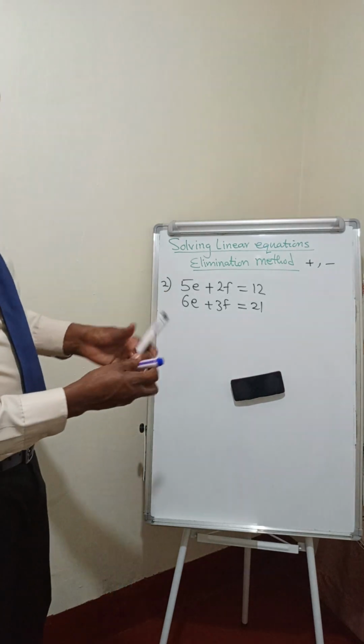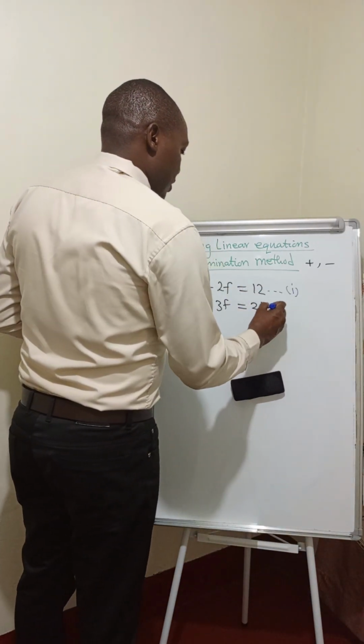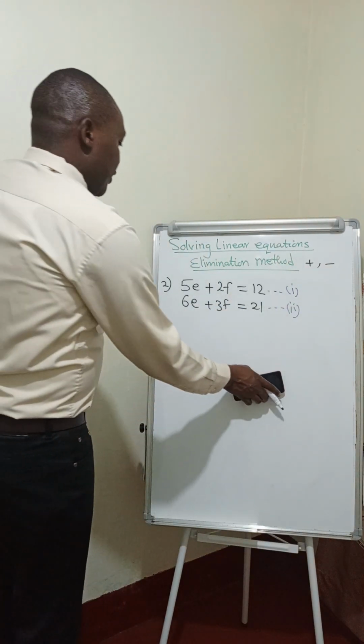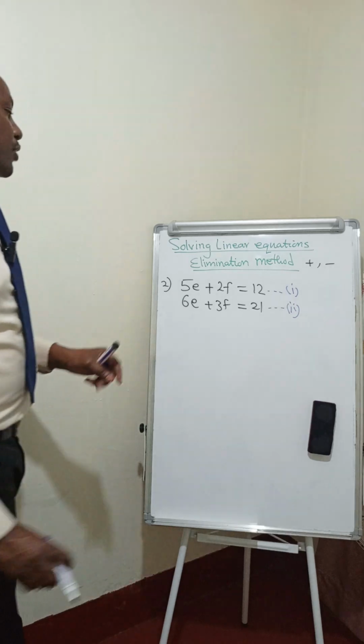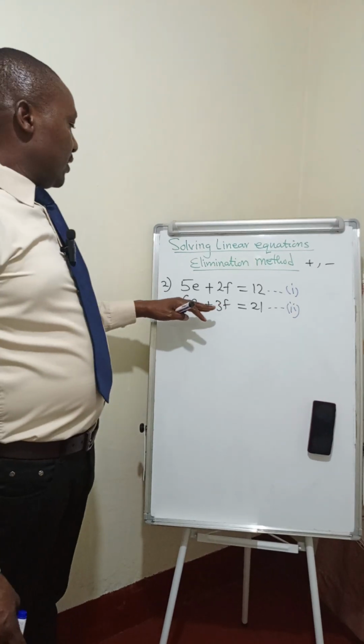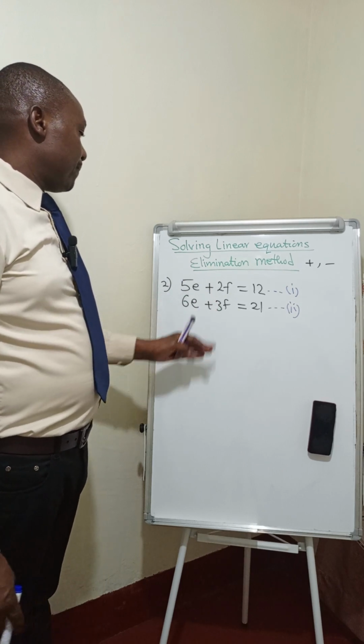Good. Now, this is equation 1, equation 2. I want you to pay attention here properly. So the first thing we are going to do is to balance any unknown here.